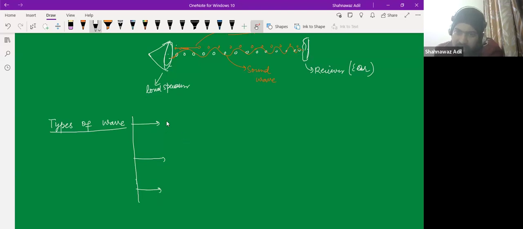One is the electromagnetic wave. The other one is the mechanical wave. And the other one is the matter wave.